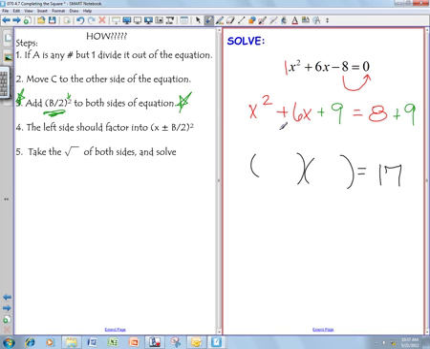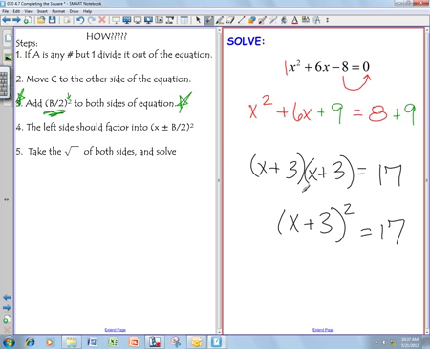When I factor this, x, add to give me 6, multiply to give me 9, that's a pretty easy answer of 3 each, and they're both plus. So the left-hand side now factors, because it's the same two quantities, I'm really only going to write them one time. It's x plus 3, quantity squared. And that's going to equal 17.